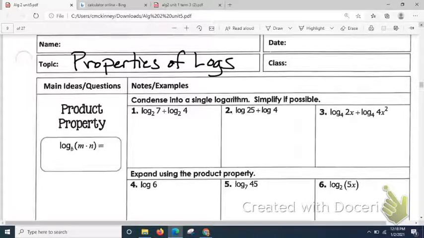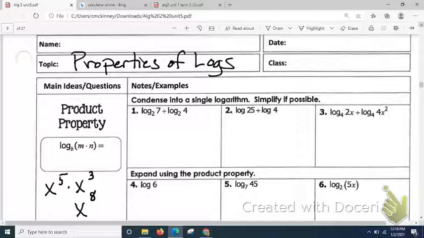So the product property works when the bases are the same, kind of like some of those exponent rules, right? Remember with exponents, if I had x to the 5th times x to the 3rd, what did we do with those exponents? The problem is a multiplication problem, but we actually add the exponents.